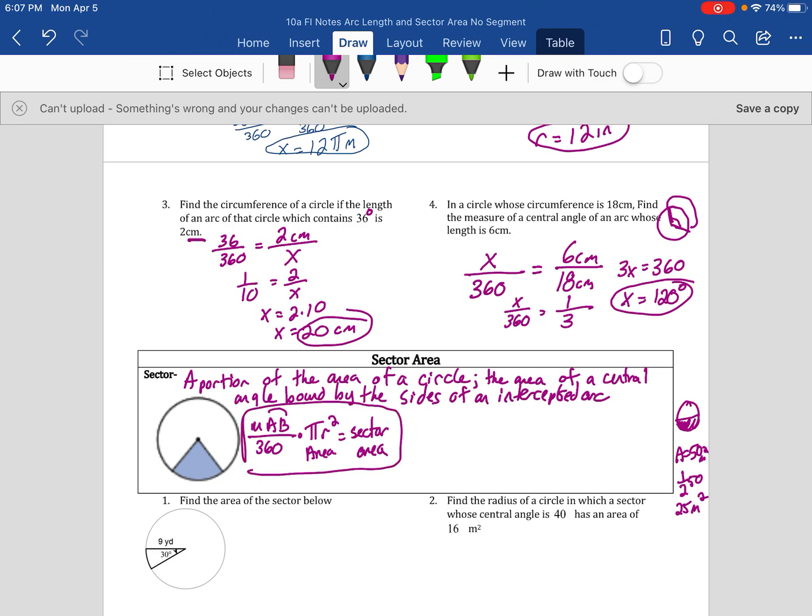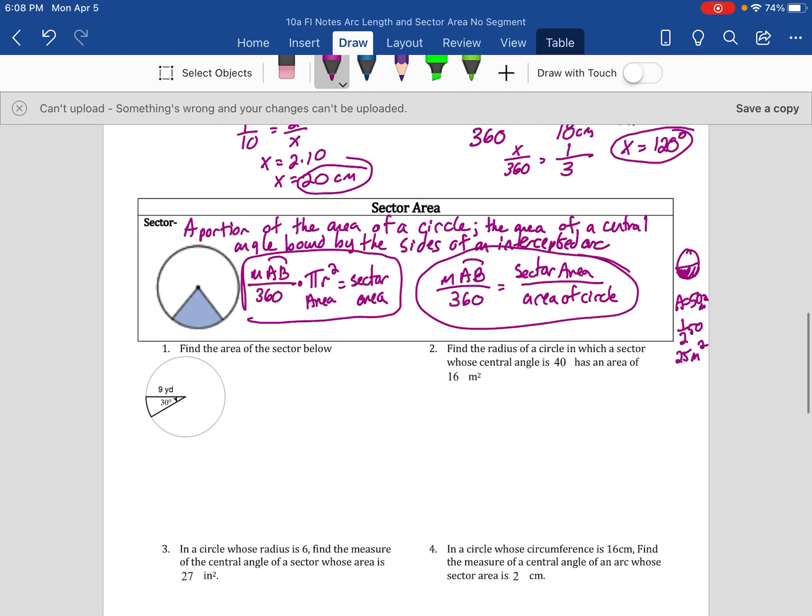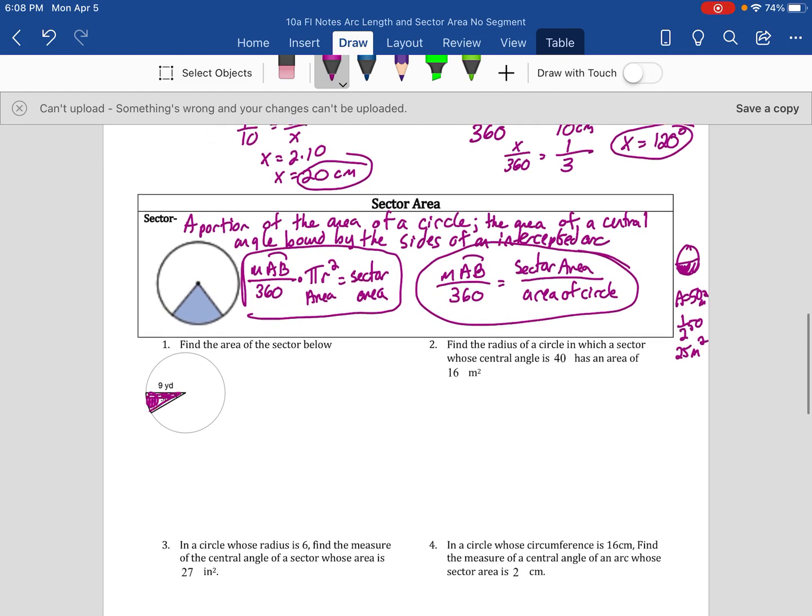So the proportion I like to do is the measure of your arc over 360 is equal to sector area over area of your circle. And that way it's the same thing over and over again, except instead of circumference, you're doing areas, but it's the same formula. So just find the area of the sector below. So basically you're finding the area of this right here.